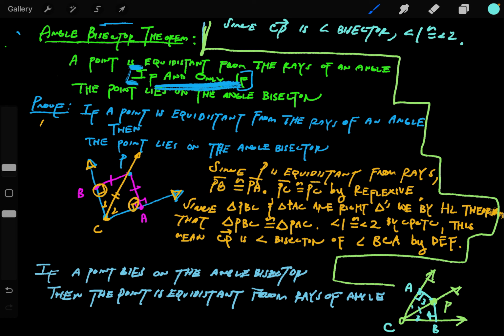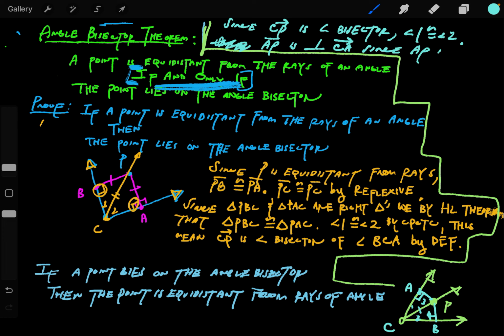Then I gotta state something a little tricky. I gotta say that since AP is the distance from P to the ray, we should say AP is perpendicular to ray CA, because it's the distance, okay?